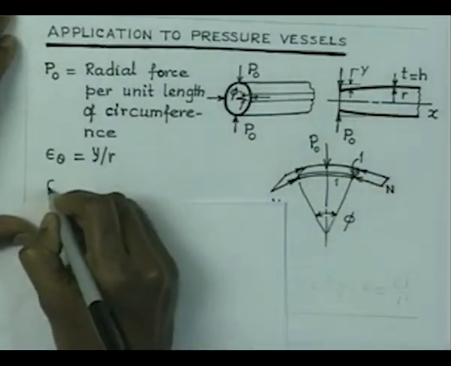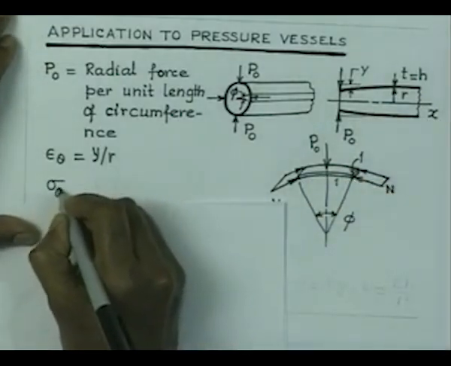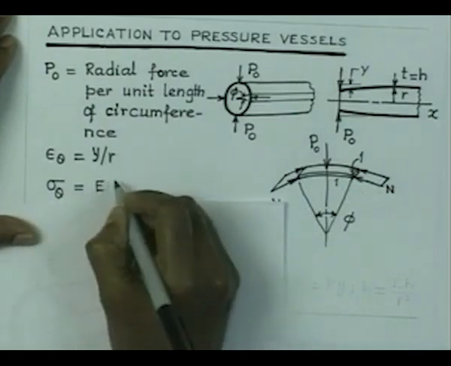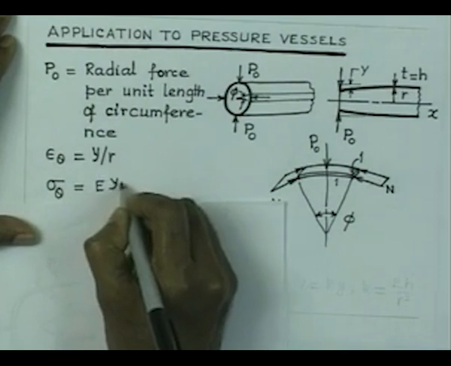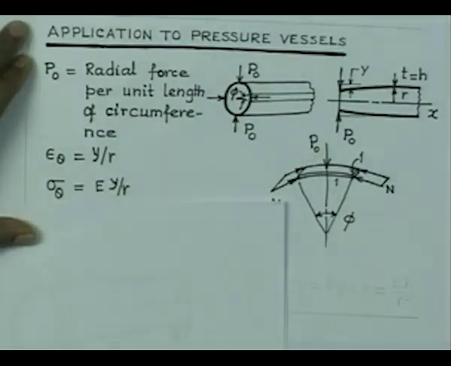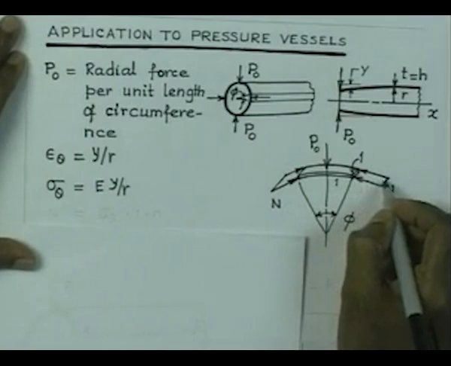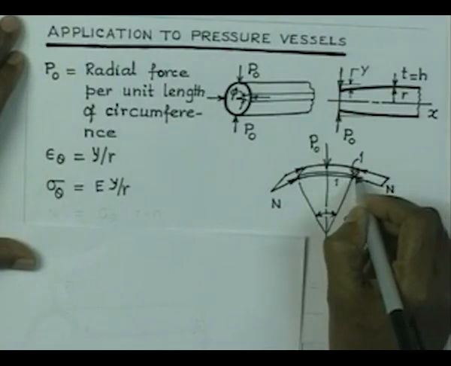Therefore, what is the circumferential stress? That circumferential stress is sigma theta, and it must be E into epsilon theta, which is E y by r. Now, what is N? N is nothing but this sigma theta acting over an area of 1 multiplied by h.